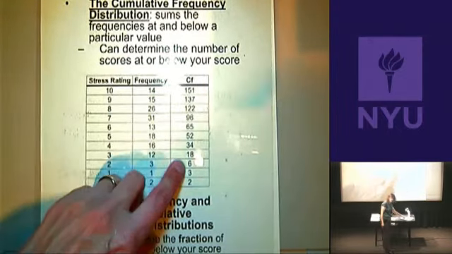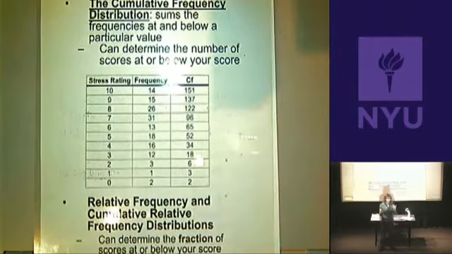So what does a cumulative frequency distribution tell me? It tells me the number of people that scored at or below a particular value. It gives you, in essence, a relative location of your score.